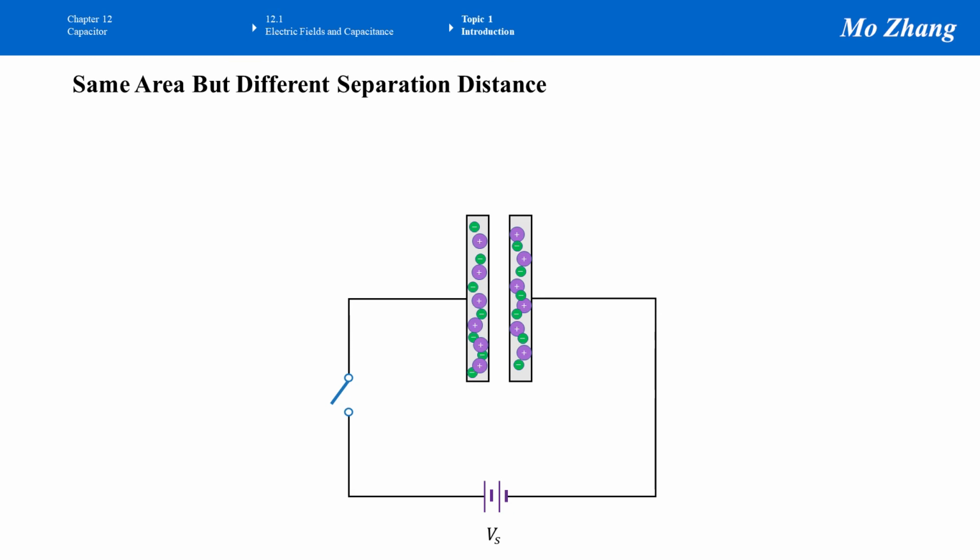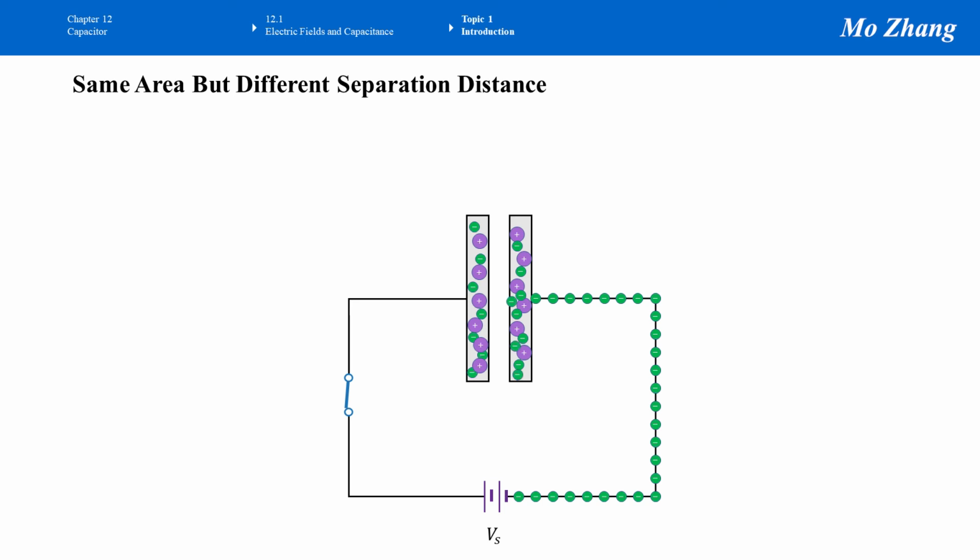As soon as we close the switch, this circuit is closed. So electrons start to flow from the negative terminal towards the positive terminal. Electrons are flowing out from the negative terminal and then continue flowing, more electrons flowing towards the plate, and now electrons are entering the plate.